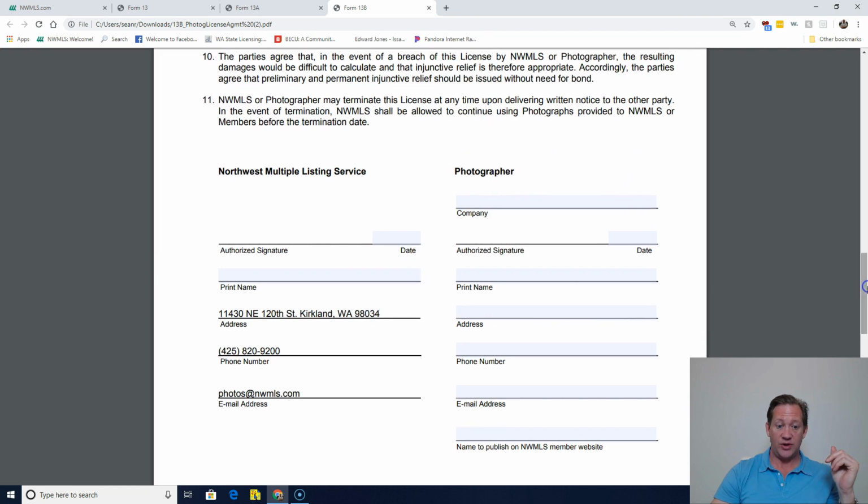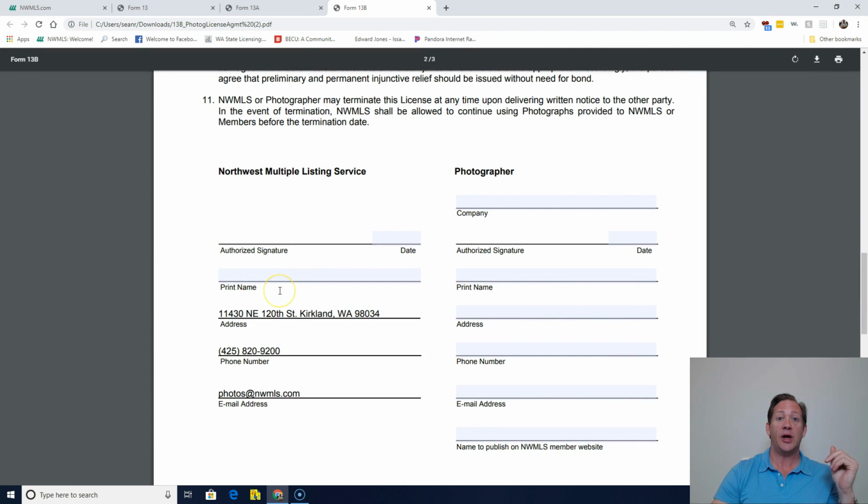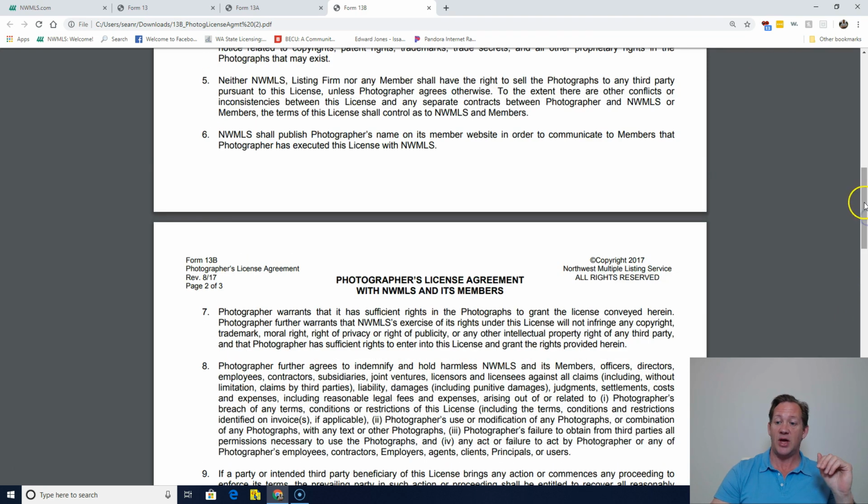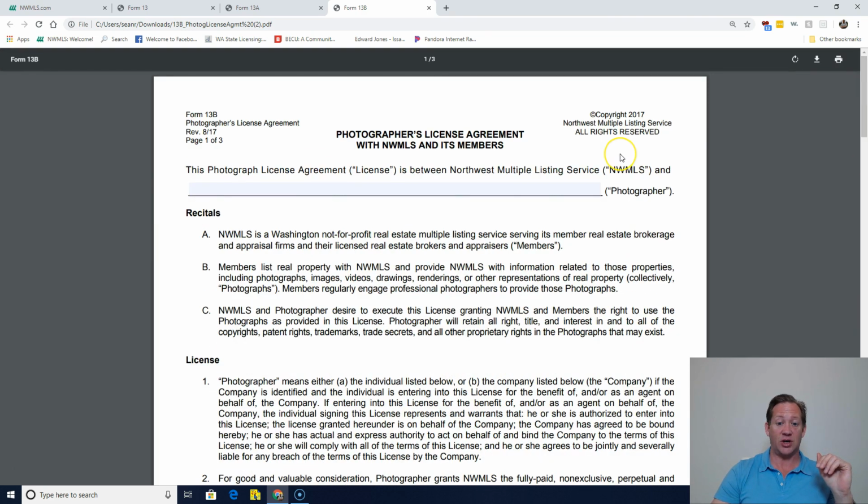The MLS will sign here and have their authorized person put their print name here, and the photographer will put all their information in here. Once you have this secured with the MLS, your photographer is good to go, and they've got this form on file for any future brokerages that want to use their services as well. So that's the big master photographer's license agreement between the MLS and a specific photographer.